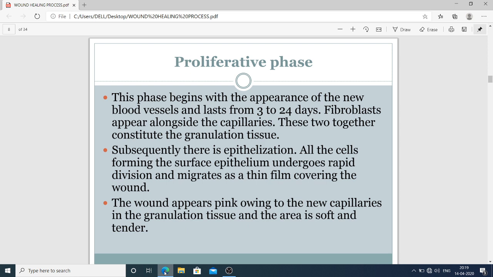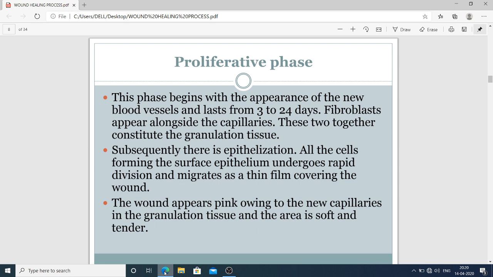Then the next is the proliferative phase. The word proliferative means to multiply something and increase the number of something rapidly, swiftly. This phase begins with the appearance of new blood vessels and lasts from 3 to 24 days.